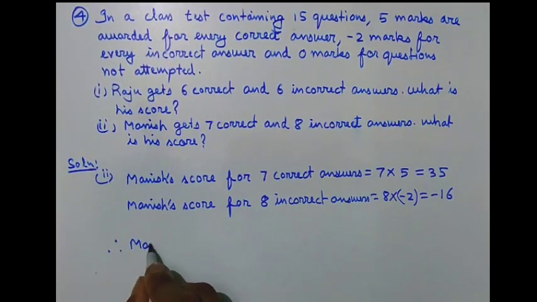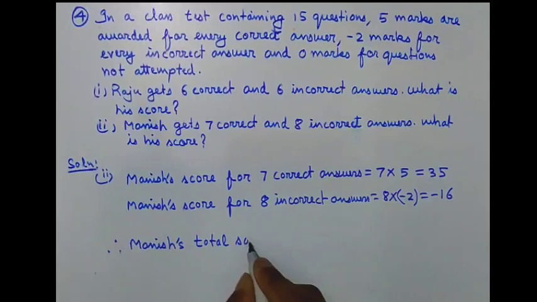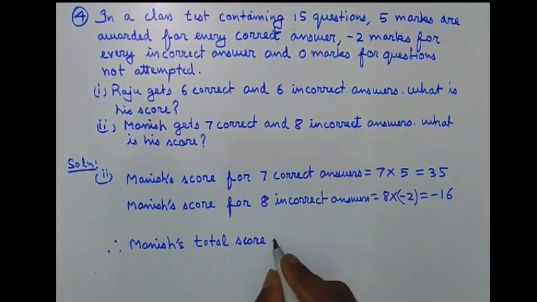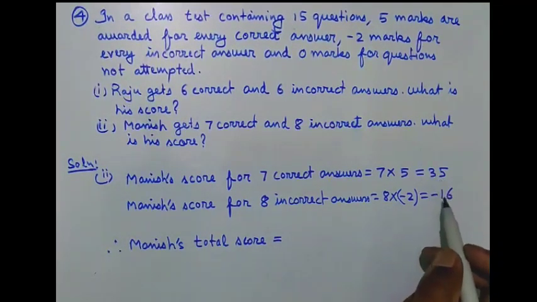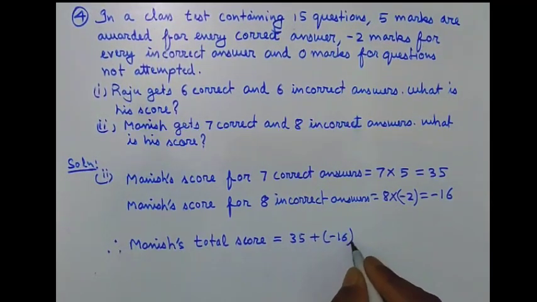Therefore Manish's total score will be equal to 35 plus negative 16.